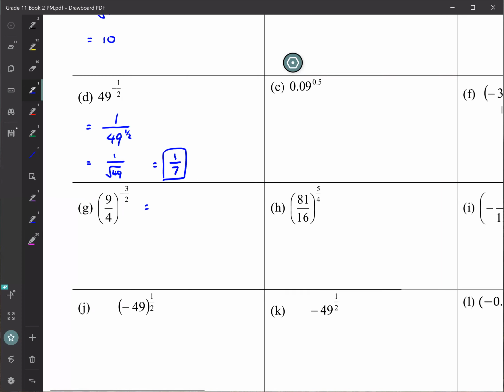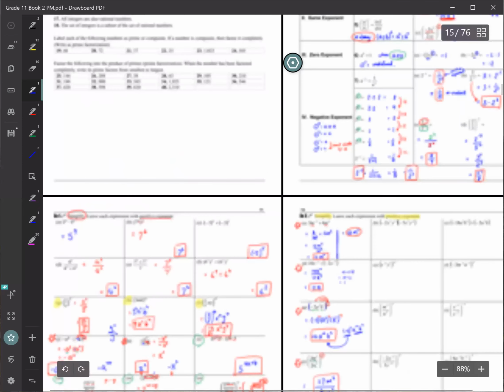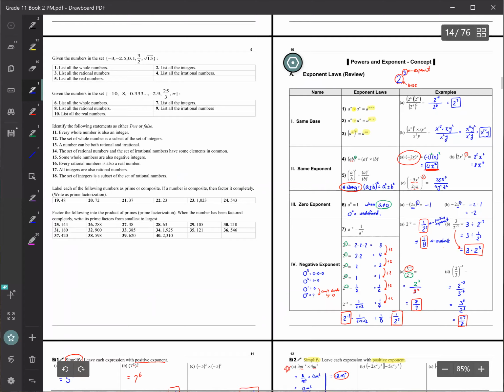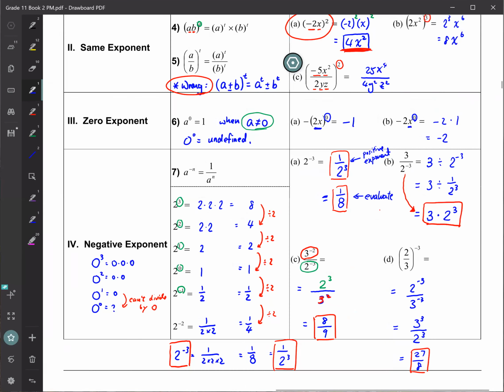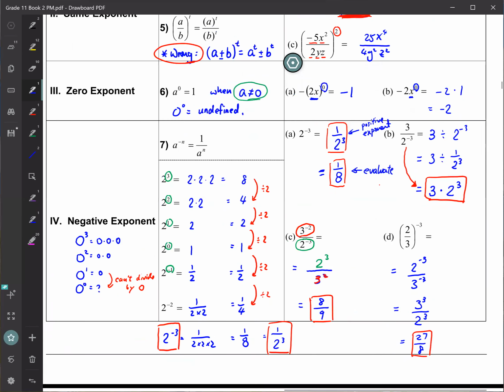Let's review the exponent rule. This one has a negative, right? So let's go back to page 10. Look at your page 10. At the bottom part, you have negative exponents, right? You have A, B, C, D. Which one looks similar to the question we were doing?